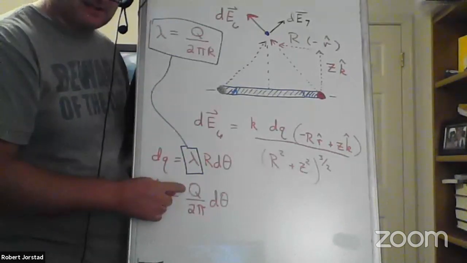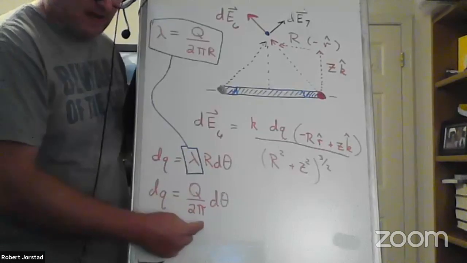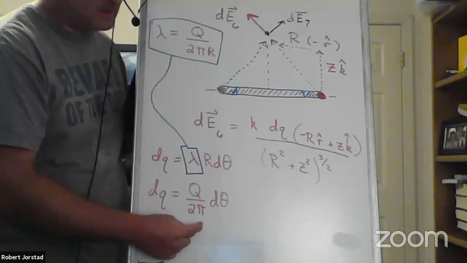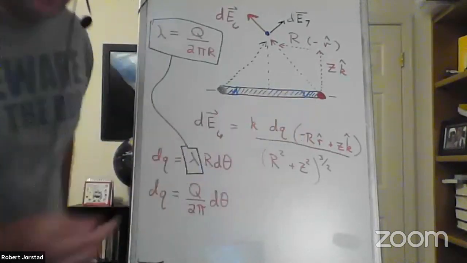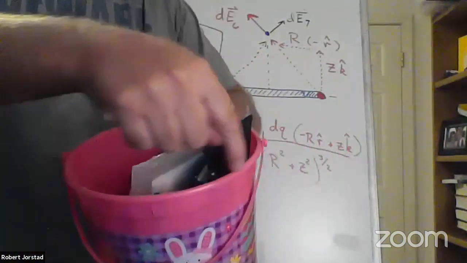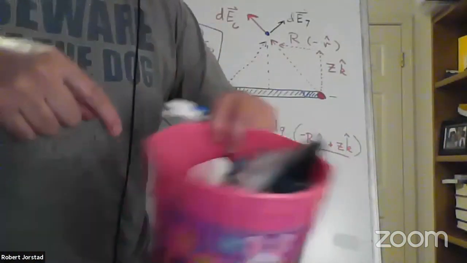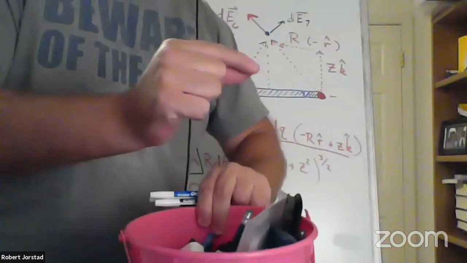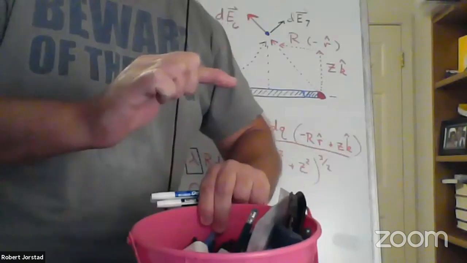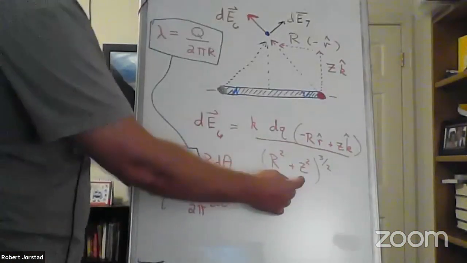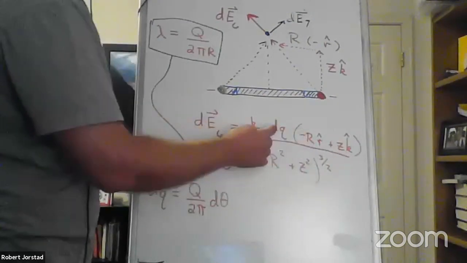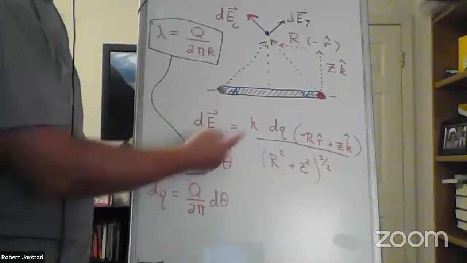Q is a constant. 2 pi, constants. Capital R, that's the radius of my bucket. Is the radius of the bucket changing as you go around it? No. How about the distance above? If I was measuring the distance at this point, it's always this far up. So look at this: constant, constant, constant, constant, constant. Most of that's constant.